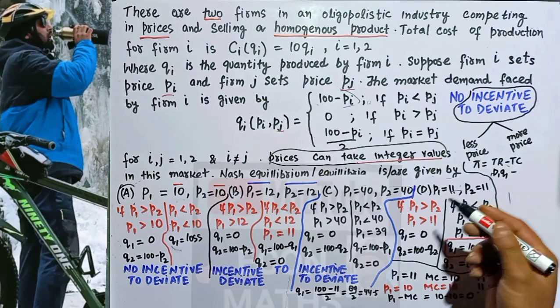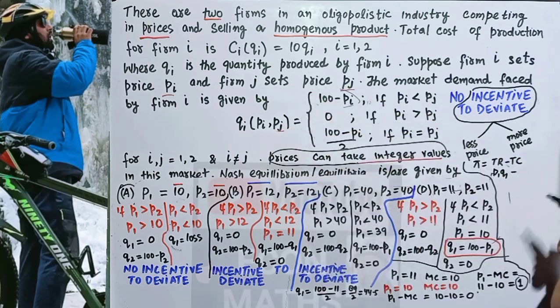Total revenue will be P1 Q1 minus total cost, which is simply 10 times Q1.